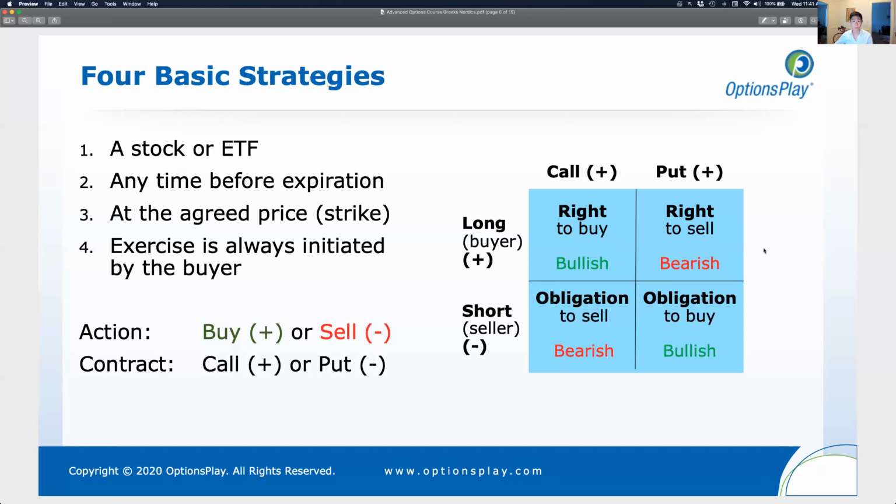But what we're going to do today is break down these 4 strategies and make sure you fully understand them. Before I move on, I want to make sure everyone understands that these are the 4 basic option contracts. It's so important that we learn them, because in order to progress as an options trader and trade more complex strategies, and there are many ways to combine these 4 strategies to give you specific payoffs and outlooks, it's important that we first understand these 4 fundamental building blocks.